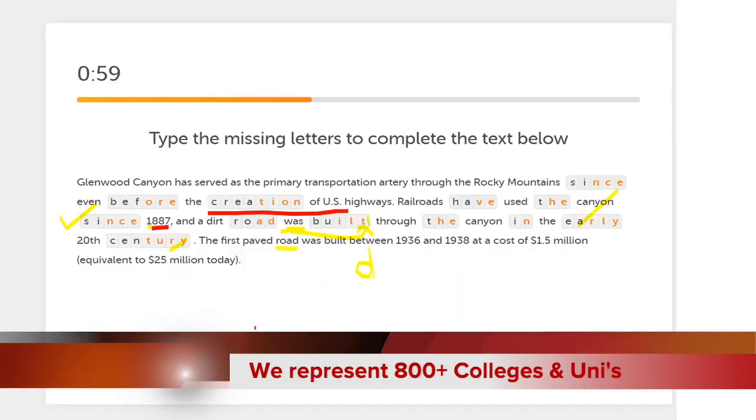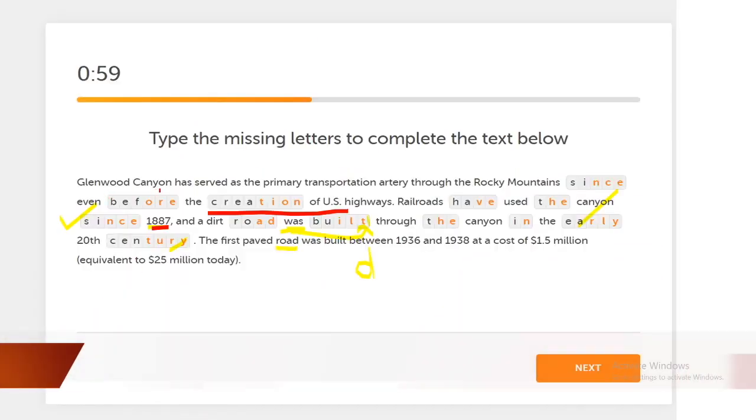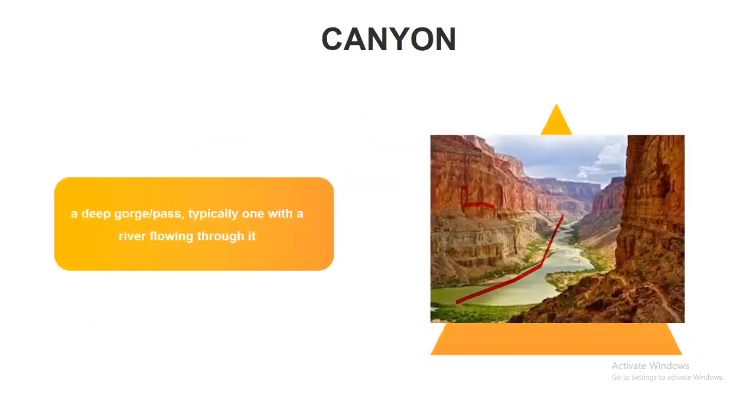So let's go back. It says Glenwood Canyon has served as the primary transportation artery through the Rocky Mountains. So these are our Rocky Mountains, and in between that is what we call a river, and that is allowing us to travel or transport.